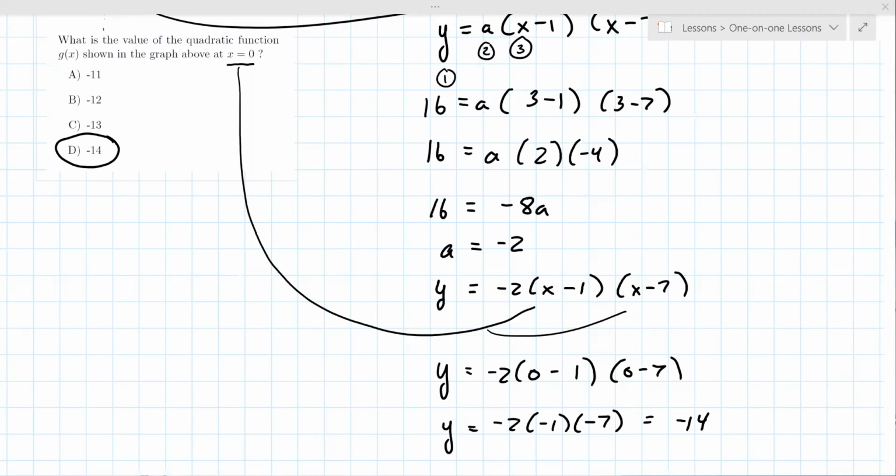Give me just a moment here to find it. Okay, so it's really question 27.